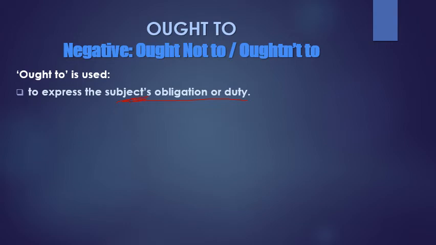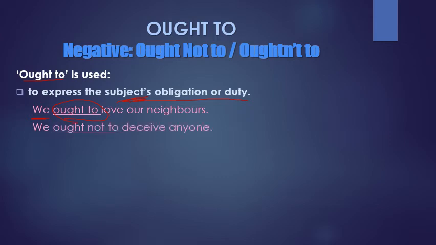In that case, we use ought to. We ought to love our neighbors. We, subject, ought to, that means it's our duty to love our neighbors. We ought not to deceive anyone. We should not deceive anyone. Deceive means to cheat anyone. So it is our duty not to cheat anyone.